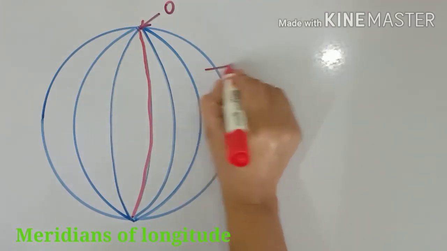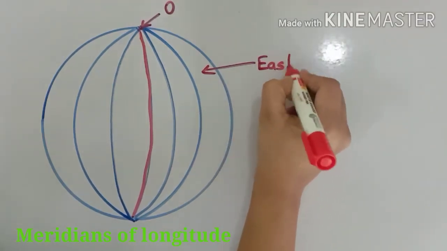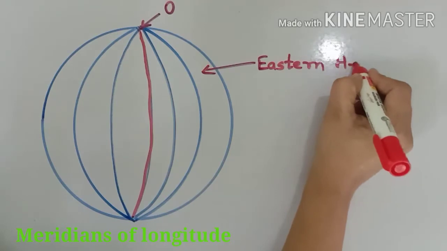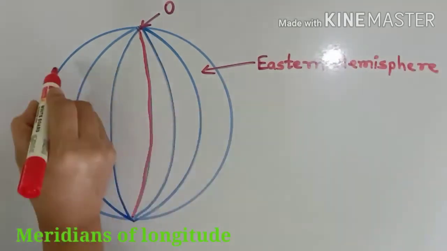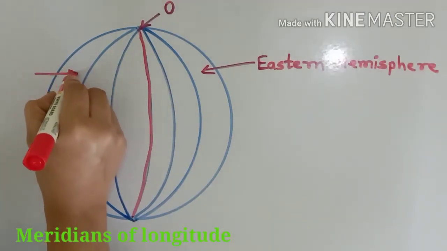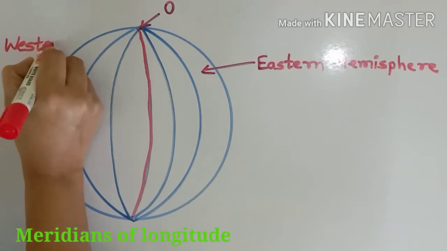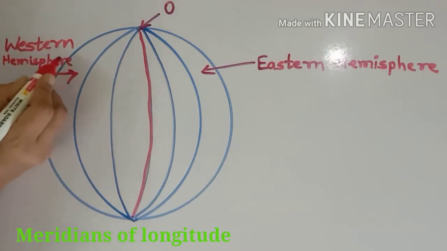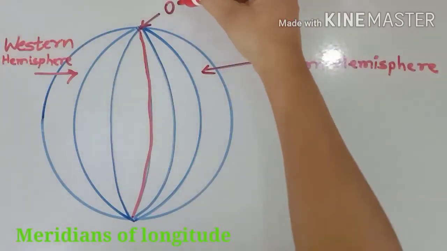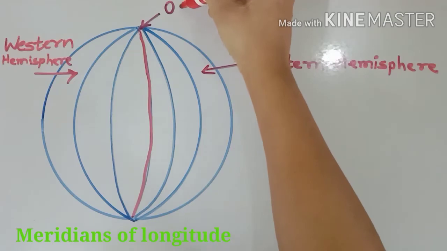This half is nothing but Eastern Hemisphere and this half is Western Hemisphere. This 0 degree meridian is also called prime meridian as well as Greenwich meridian.